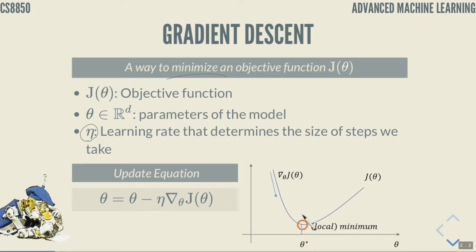So we want to find a local minimum because at a local minimum the gradient will be 0, and we will not be moving anywhere. That's it, we achieved our goal.